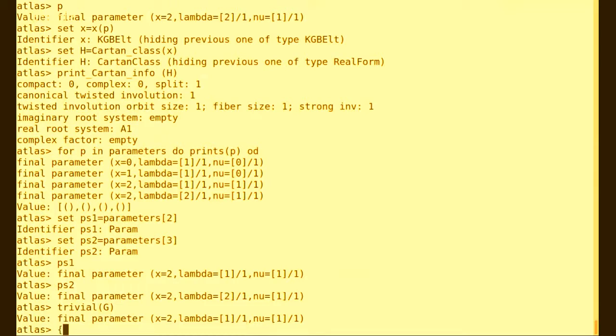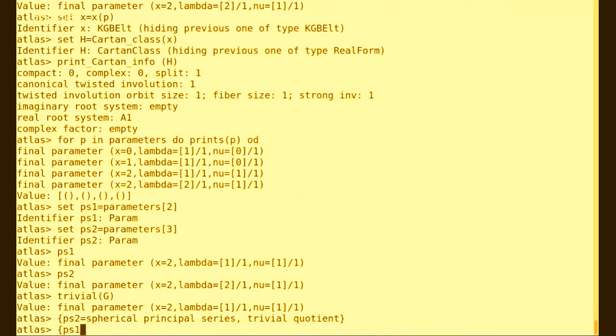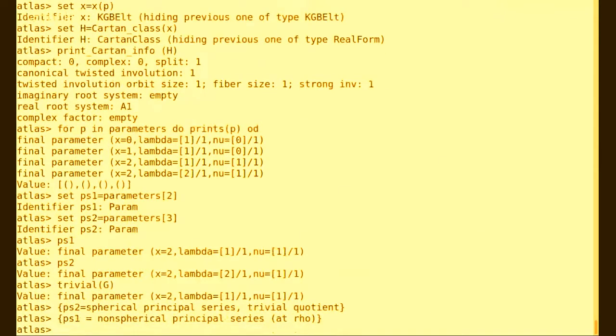The conclusion from what I just said is that PS2 is the spherical principal series with the trivial quotient, and PS1 is the non-spherical principal series. Both of these are at rho. Okay, so we can do a little bit of looking.